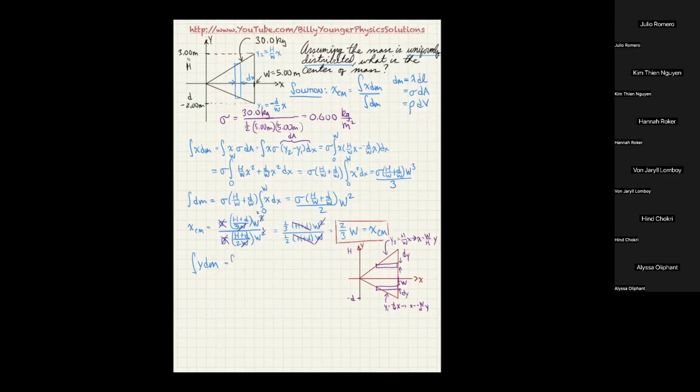I'm going to say the integral of y times sigma, because the dm is again going to be sigma dA. The dA, of course, is going to have that dy in it, but it's also going to be w minus x.